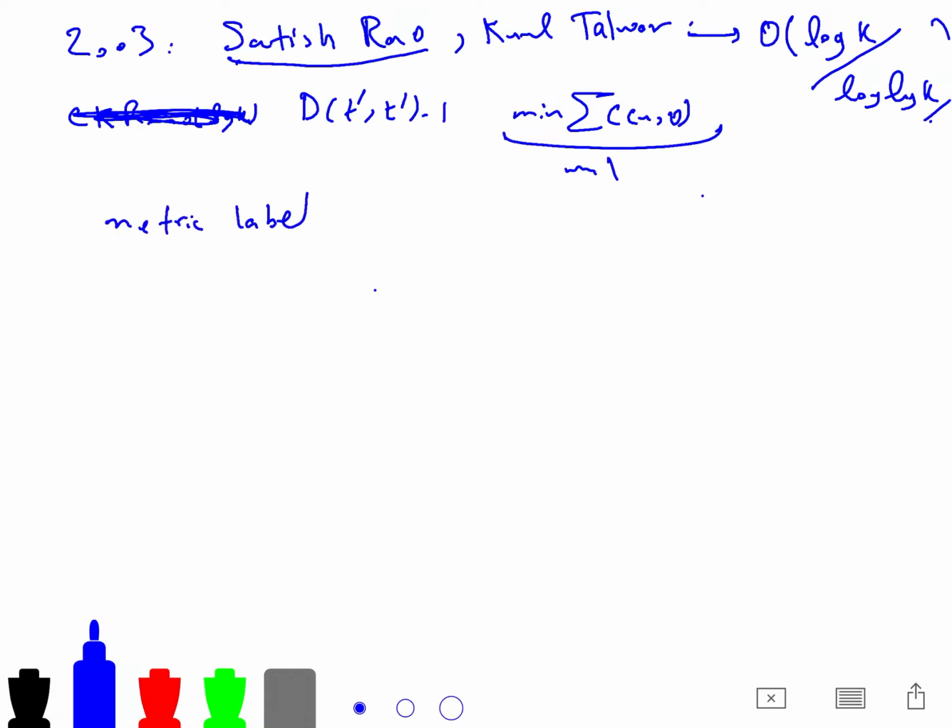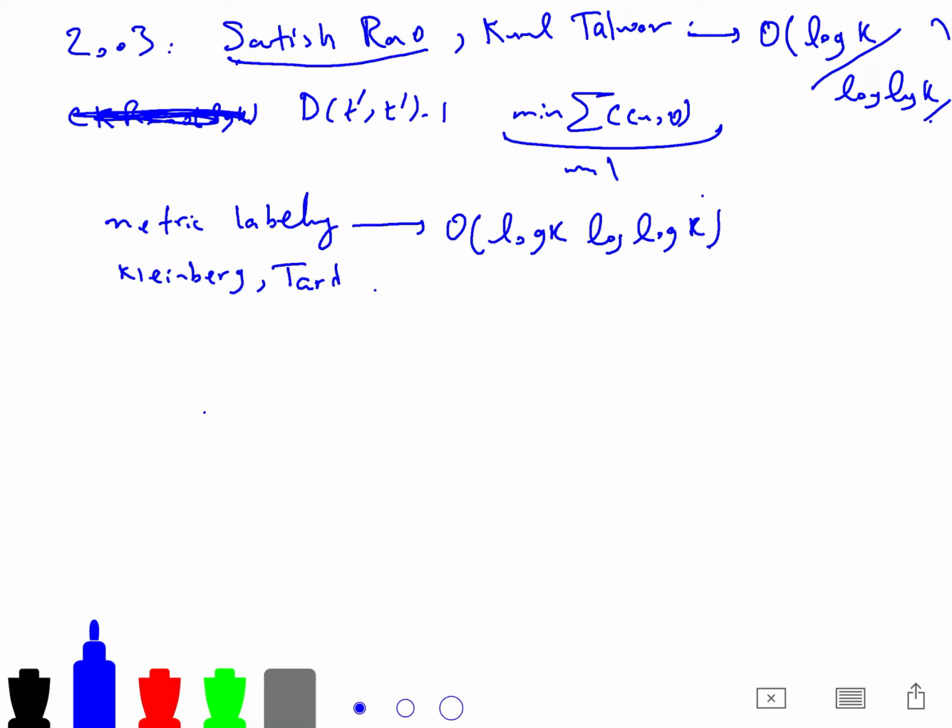In metric labeling, people like Kleinberg and Tardos proved that you get log k.